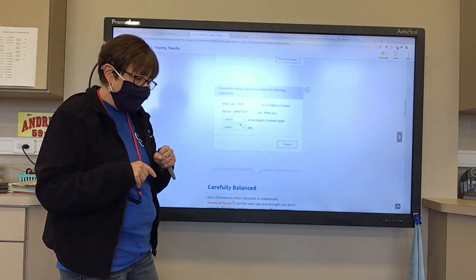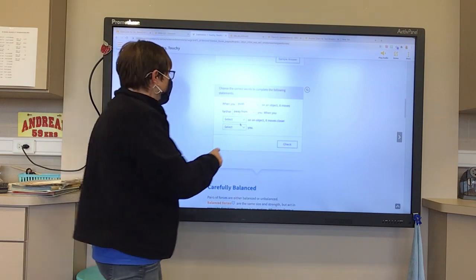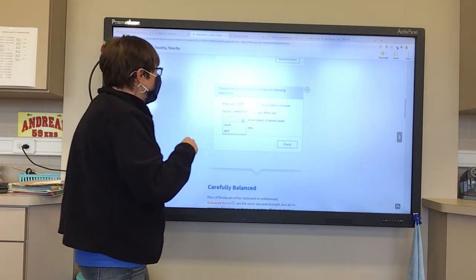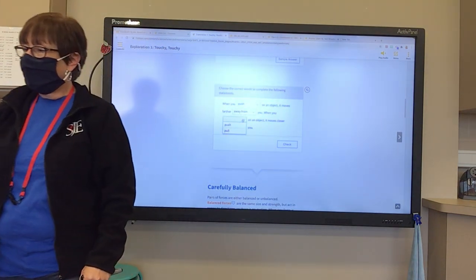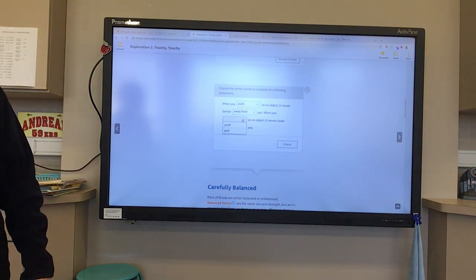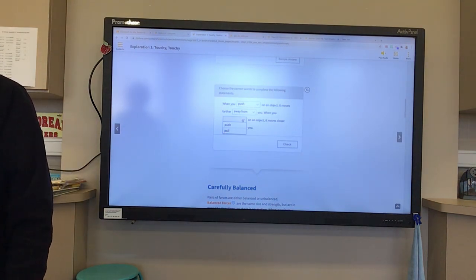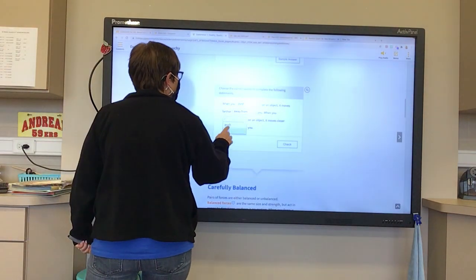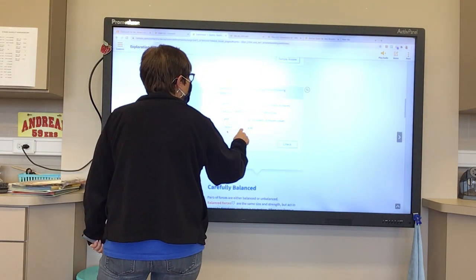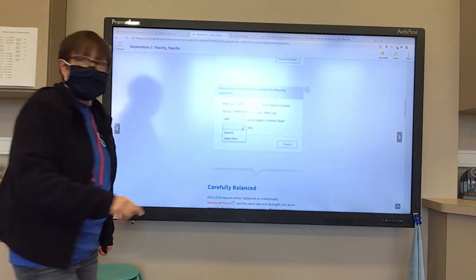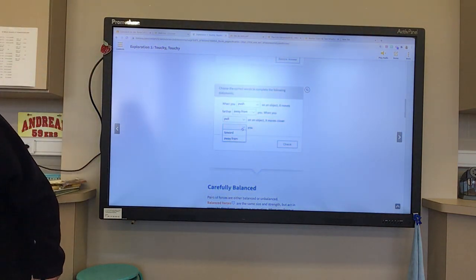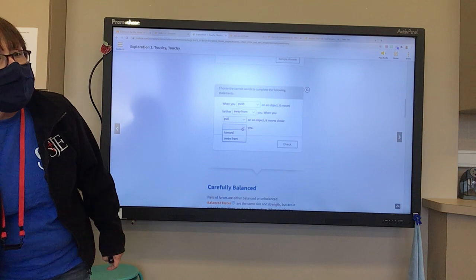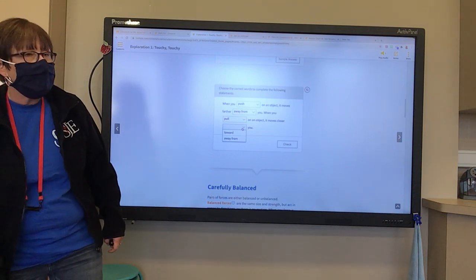Now our second sentence says, when you blank an object. So what should be next? When I blank an object, Clark? Pull an object, it moves closer. What would be my answer? Yanni?